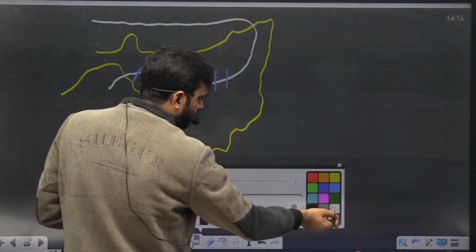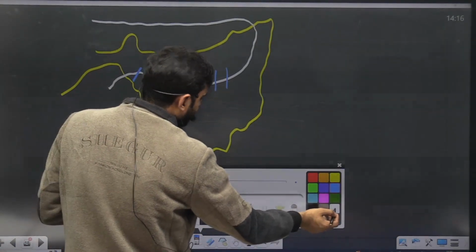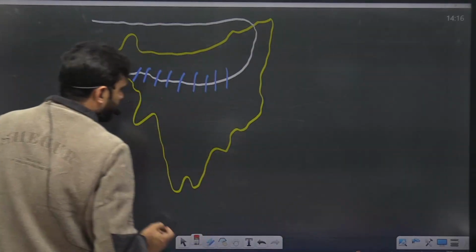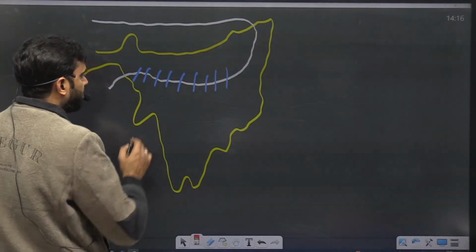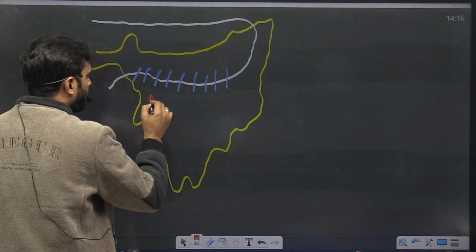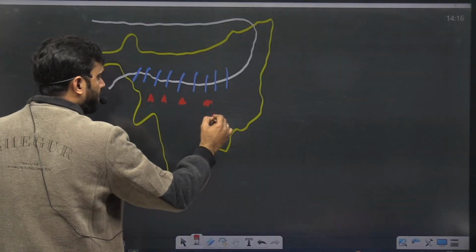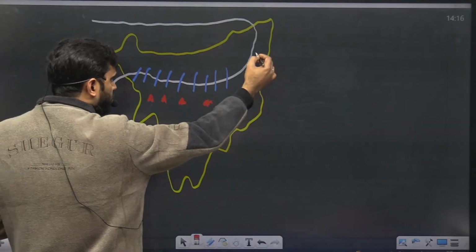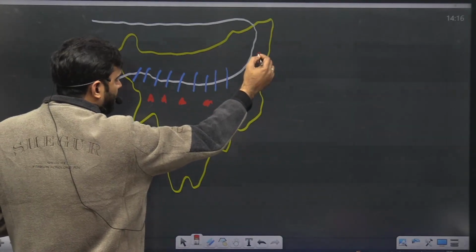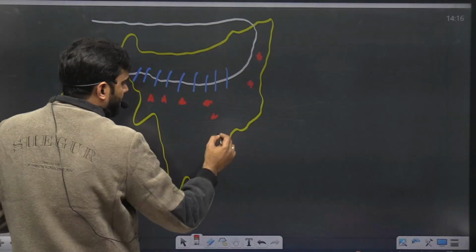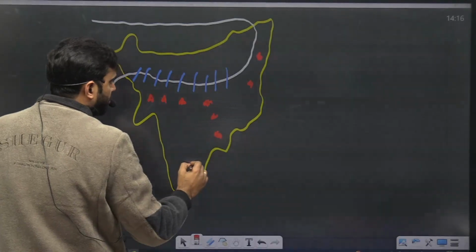Because this narrow plain area is covered by a number of hills, like peninsular hills such as Garo, Khasi, Jayantia, Mikir, Bril, and also Purvanchal hills like Naga, Manipur, Mizo hills.